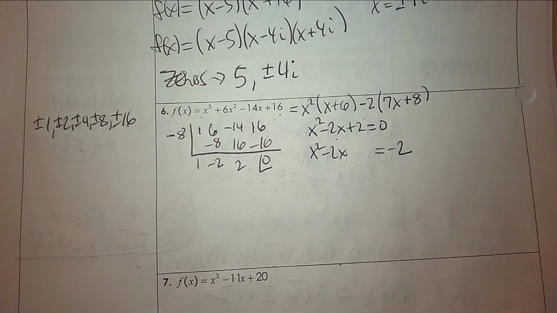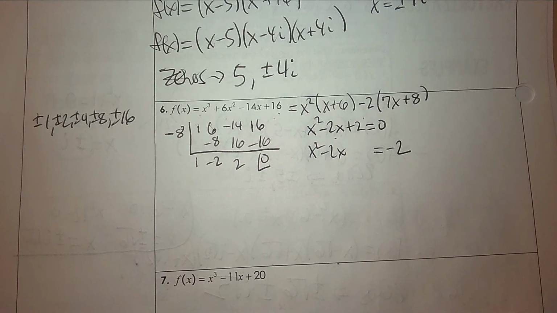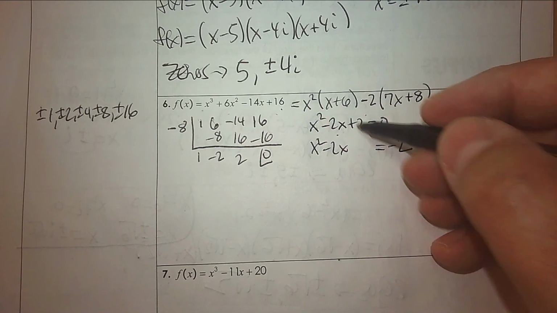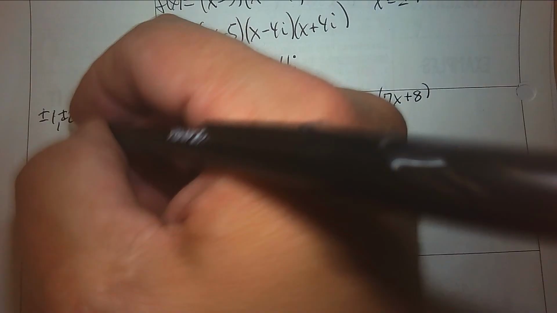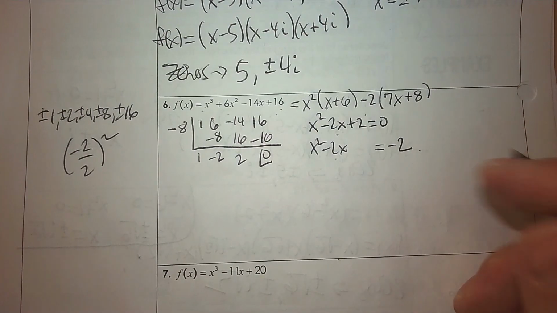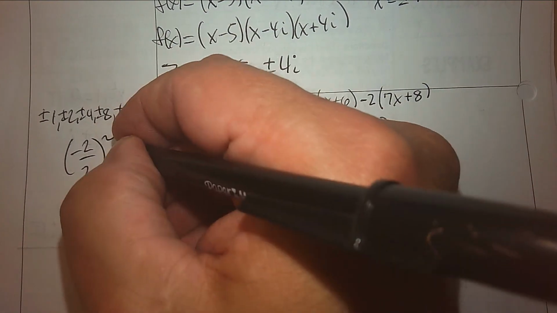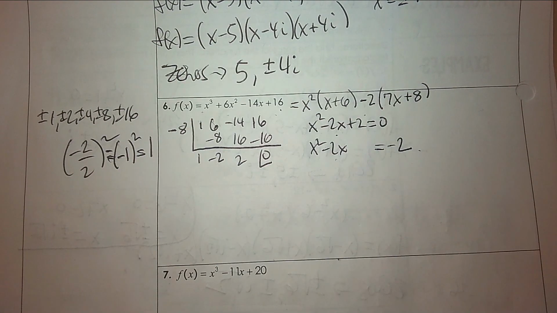It's already simplified, the answer. I don't have to divide and figure out how to simplify a big fraction at the end. So, I subtract 2. If you can do that in your head, that's great, but you're taking -2 divided by 2 and squaring it. So -2 divided by 2 is -1, and it's equal to 1.